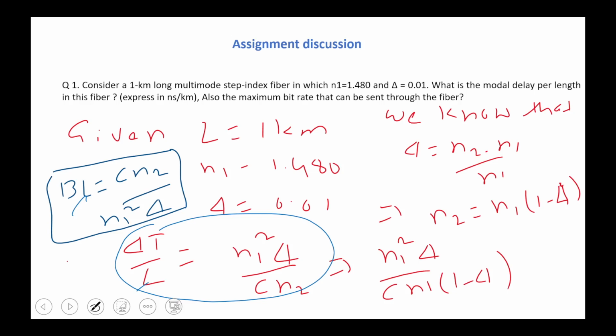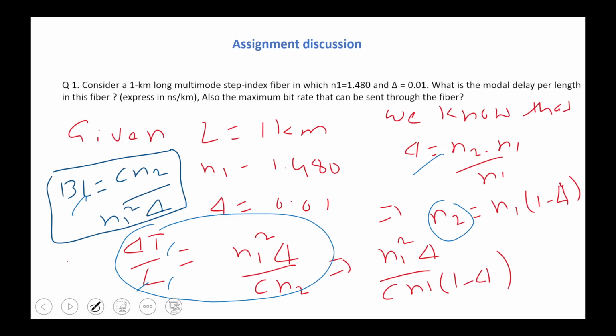So consider a 1 kilometer long multimode step index fiber which has a refractive index of n1 equal to 1.4, and delta is the change in refractive index. What is the delay per length in this fiber? Delta T is the delay and L is the length of the fiber. Also, what is the maximum bit rate that can be transmitted through the fiber? We can calculate the bit rate length product. Delta you can calculate from this formula, and n2 is missing in that case.